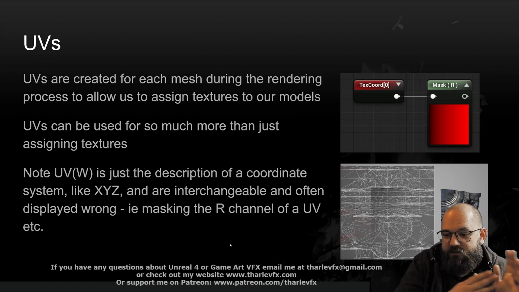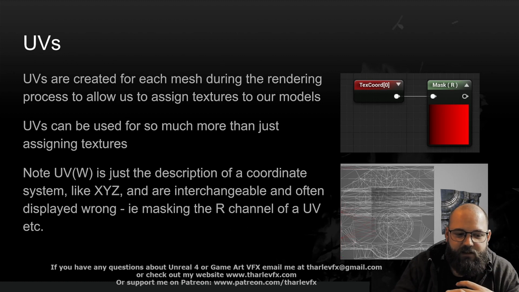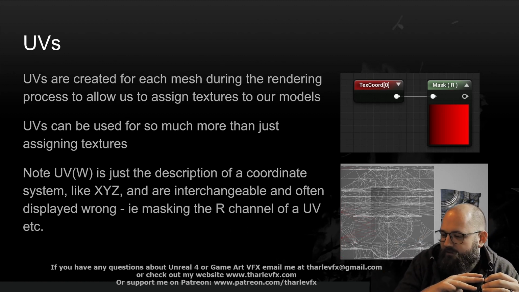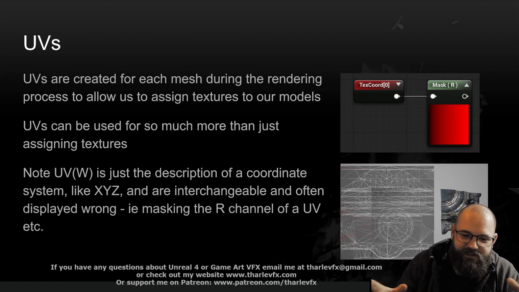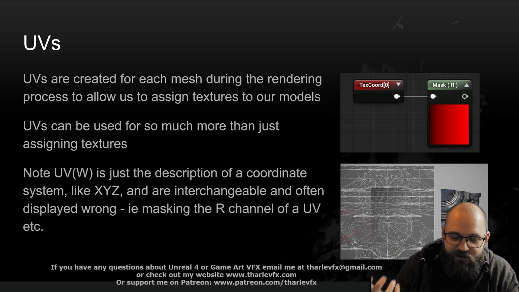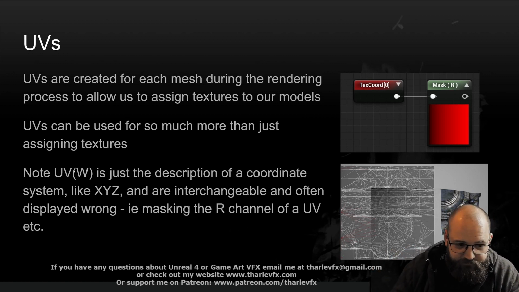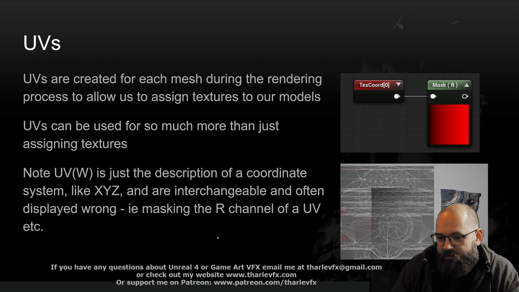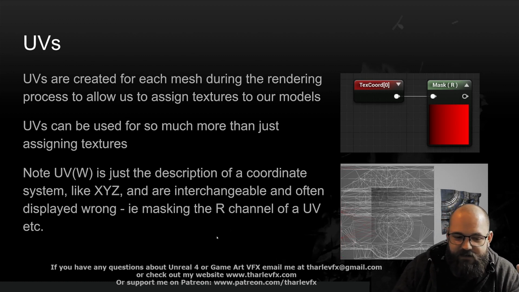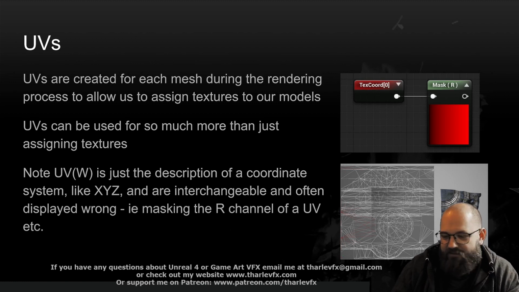UVW, because you can get volumetric textures, are just the 3 letters that come before X, Y, Z. Often we don't refer to W, especially in games. We don't really use volumetric textures very often. We'll get to some later actually, but the UV doesn't stand for anything clever. It's just literally two of the 3 letters that come before X, Y, Z in the alphabet. And they're interchangeable.